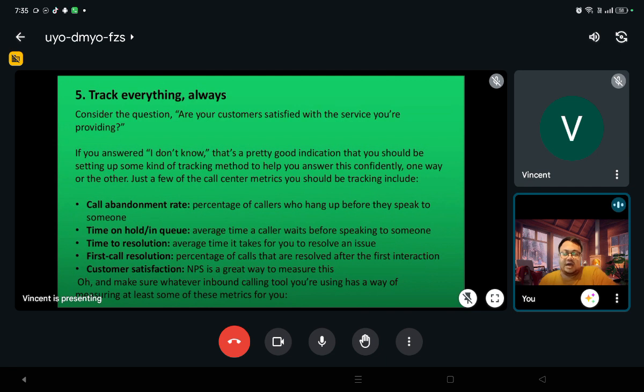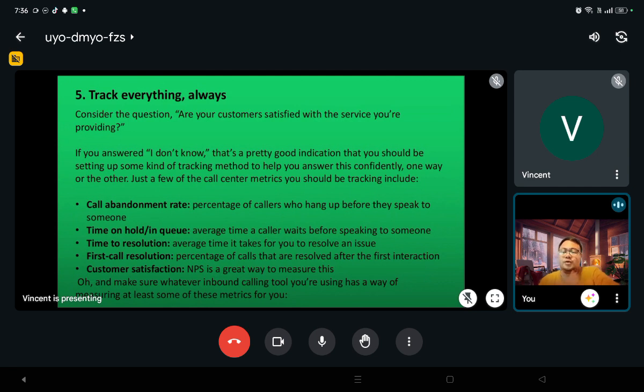Now next we have first call resolution, the percentage of calls that are resolved after the first interaction. For example, the caller calls in the first week of the month and the agent resolves it, so the customer will not call again, or if the customer calls again this month, it will be for a different concern, not the same one.